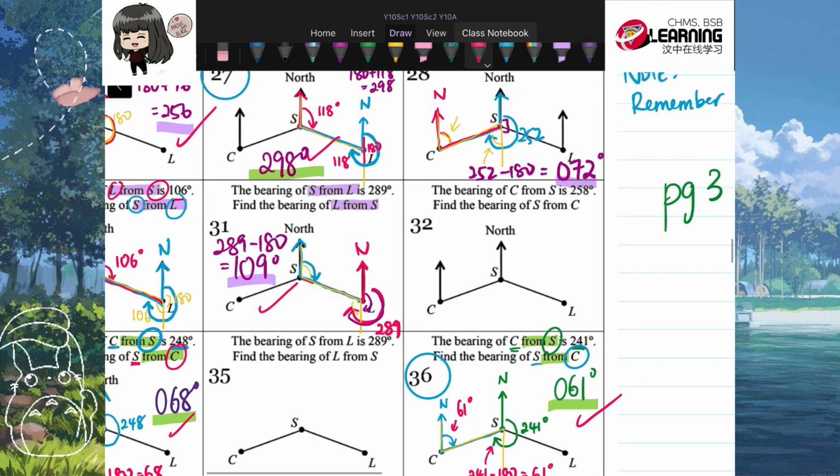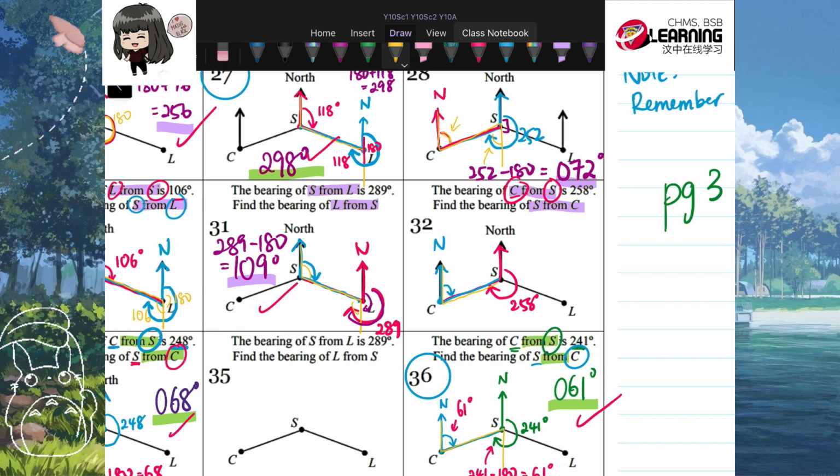Okay, then the bearing of C from S is 285. From S, from a north, C, so 285 like this. And S from C. Okay, so from C here, north, CS connecting line, so this is the angle that you need to find.